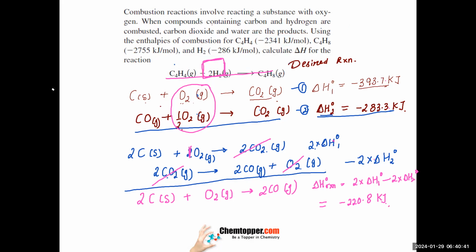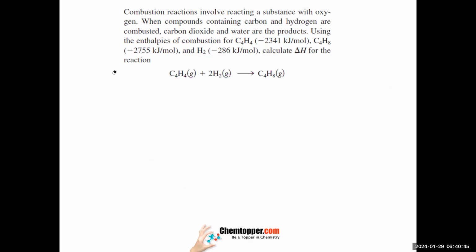Start reading the next question. I'm going to erase this. Something similar to what we did just now. You have to make the equations.